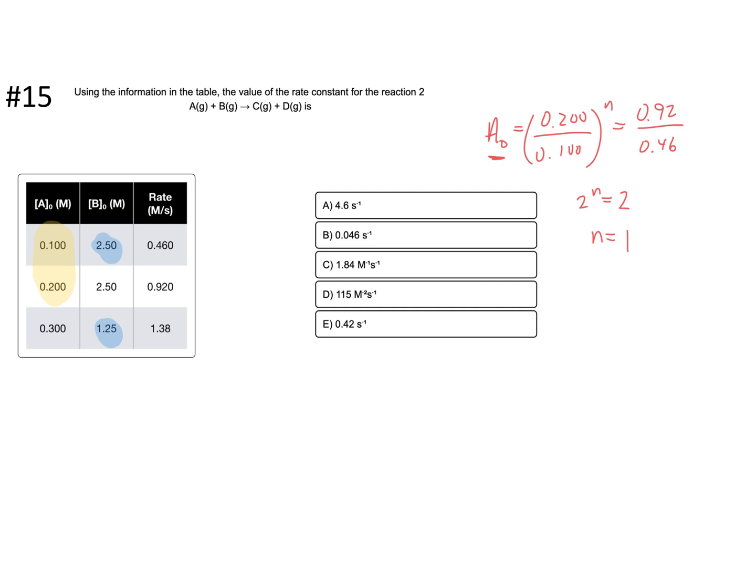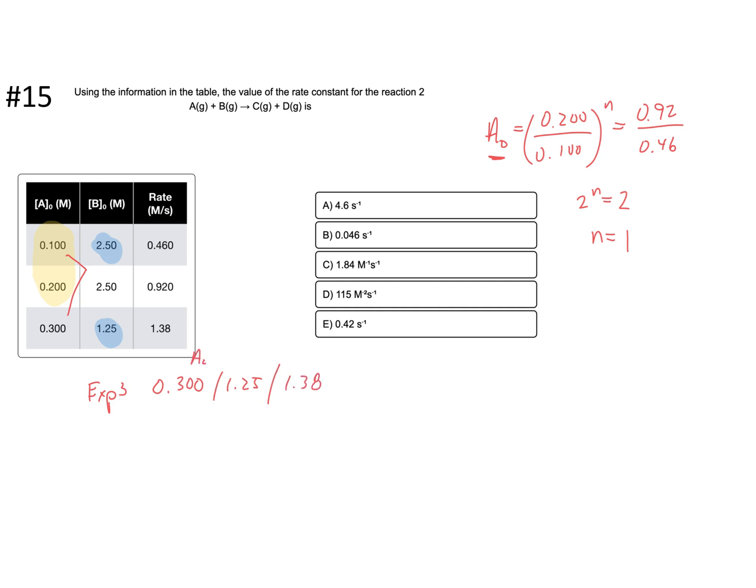So that means I can come down here and then use this information in A. Between here and here, I triple A. So experiment 3 is 0.3, 1.25, and 1.38.